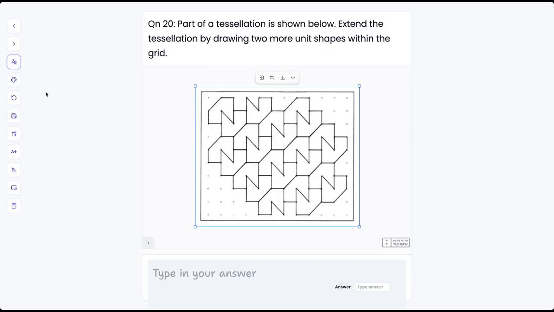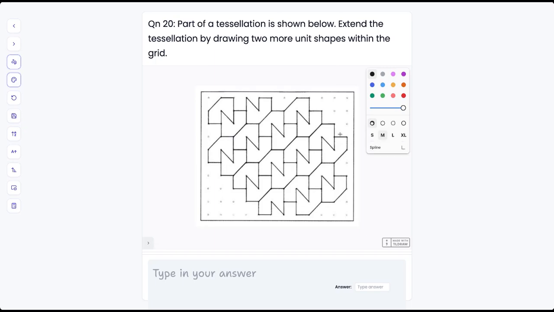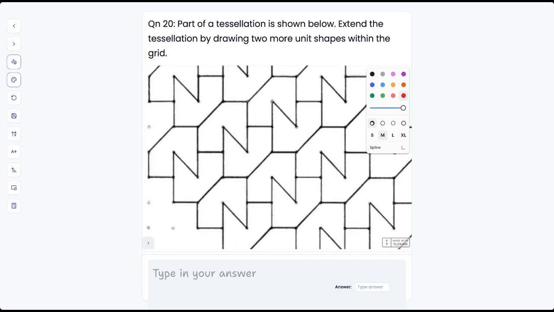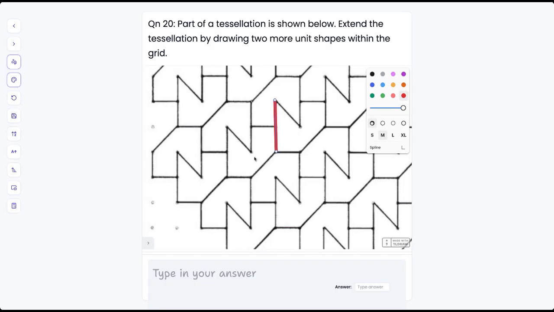Let me just highlight in red so it's easier to see. The tessellation is basically two dots, and then we have one dot, and then one to the side, and then like this, across one, and then this will be a simple shape.